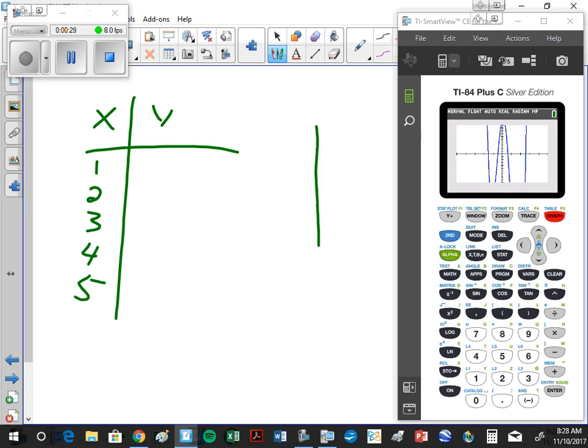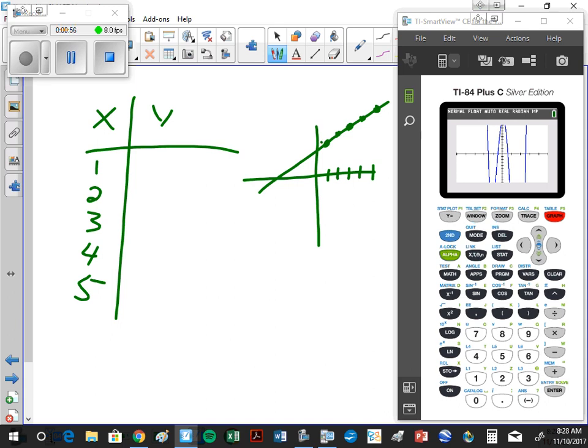If we graph it, and then I had the points 1, 2, 3, 4, 5. So as x goes up by 1, the y values go up by the same amount every time.